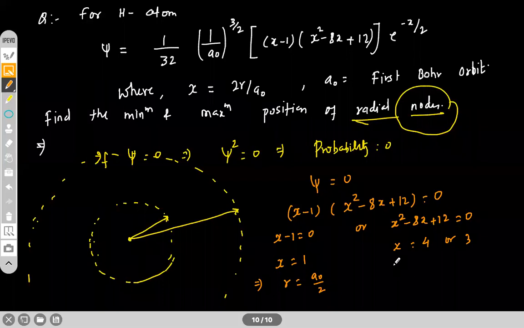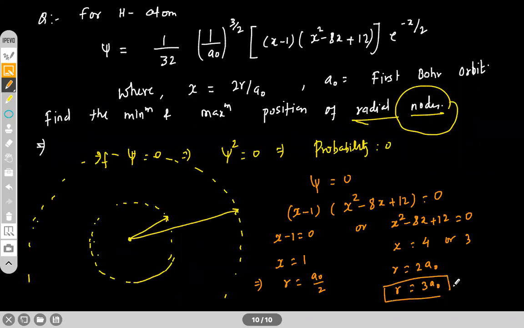When you solve this for r, 2r by a naught equals this, so r equals 2a naught and r equals 3a naught. Right, so the maximum value is 3a naught and the minimum value is a naught by 2. This is the answer for this question.